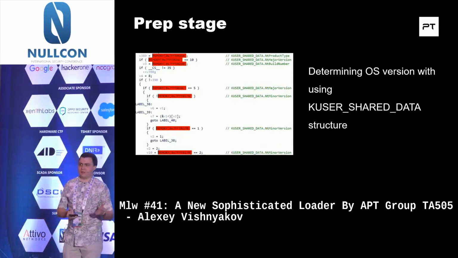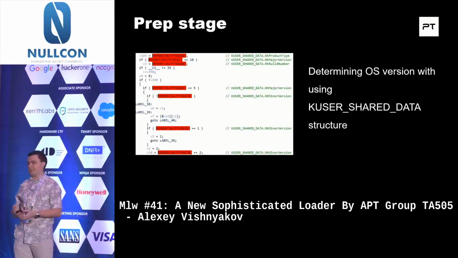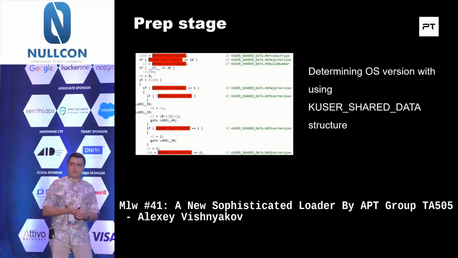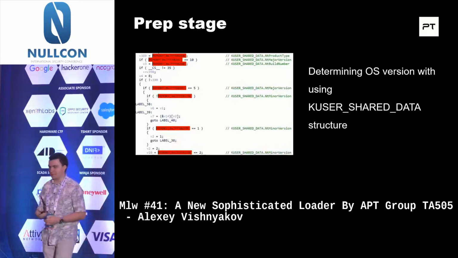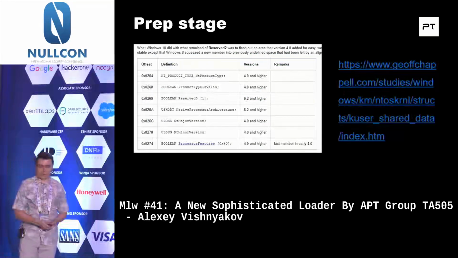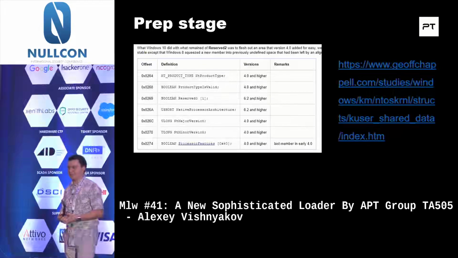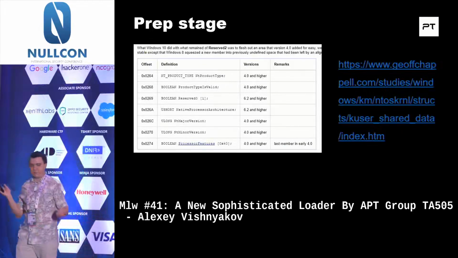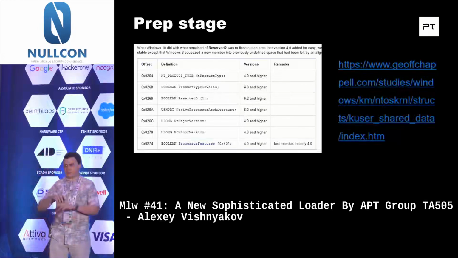We see an address which is always at the bottom of the address space layout of our sample. This is the KUSER_SHARED_DATA structure, which contains several useful fields. We can refer to the documentation, and now we see what these fields mean. Actually, it's the product type, build number, and major and minor versions.